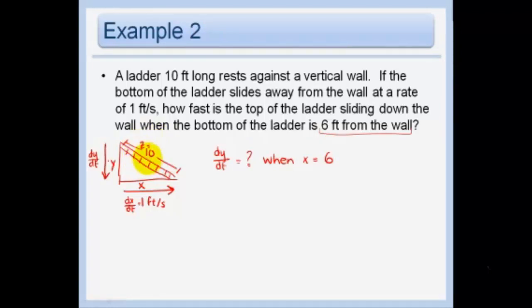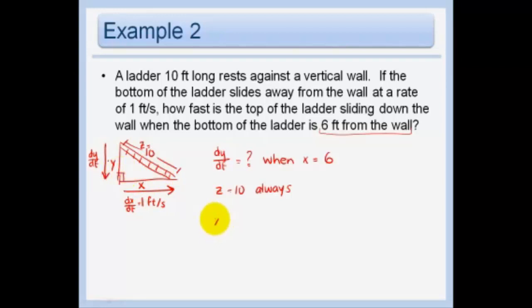Now we can keep in mind that z equals 10 always. That doesn't change. However, this variable is changing over time. So, what can we set up about this problem? Well, we know that x squared plus y squared equals z squared, right?